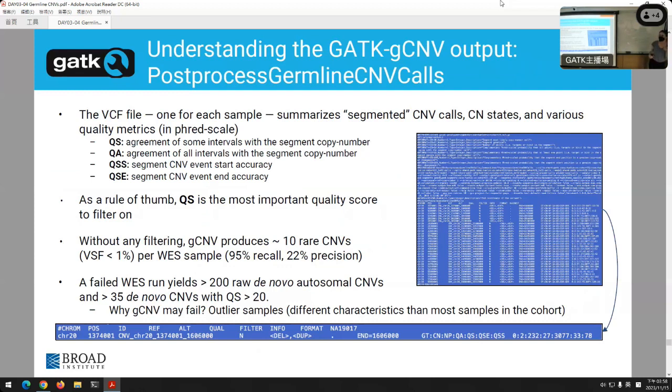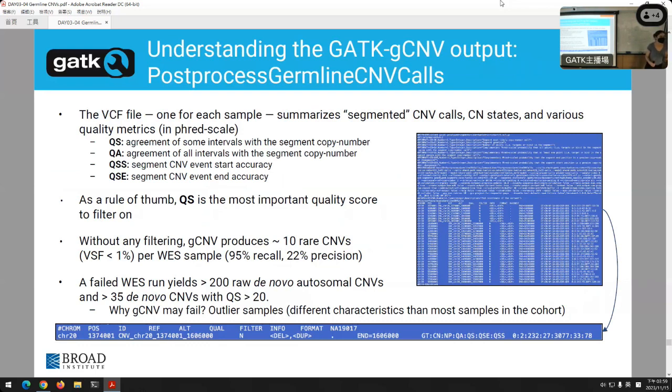So the number of CNV calls that you should expect to get from GCNV without doing any filtering is about 10 rare CNVs per exome. It's obviously higher in genomes. But that has very high recall, very high sensitivity, but the precision is a little bit lower.